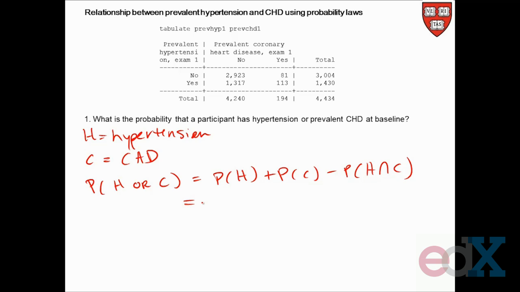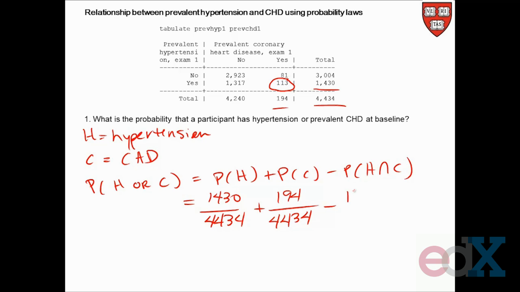Using the table above, we can see that the probability of H is equal to 1430 divided by 4,434. The probability of C is equal to 194, again divided by 4,434, the total population size. And then the probability of H and C is defined by this cell where participants have both CHD and hypertension.